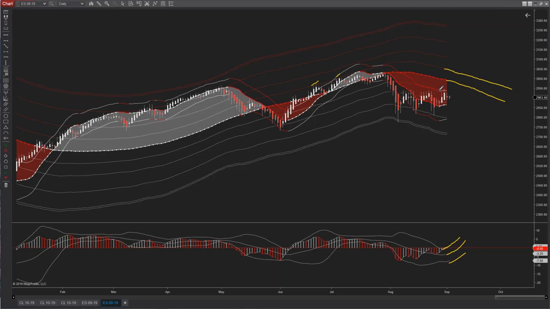You first want to clear this lower level, that lower pivot right here. Here's your channel line, the bottom, providing your support. And here's your upper channel line sort of going flat. So right now, I would say that you're going to have some headwind or resistance.